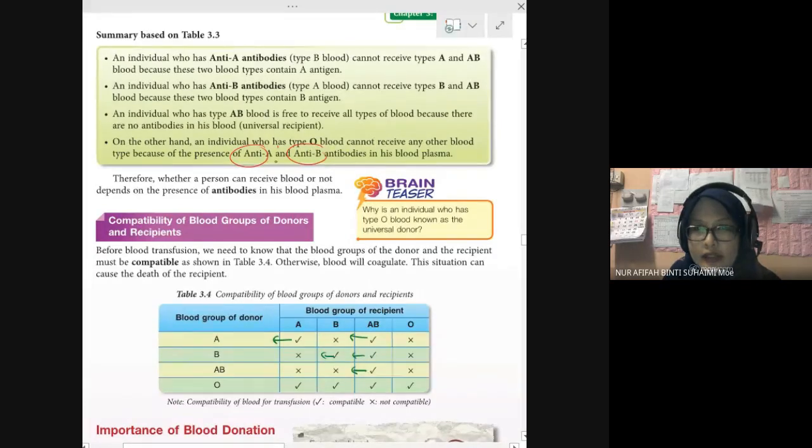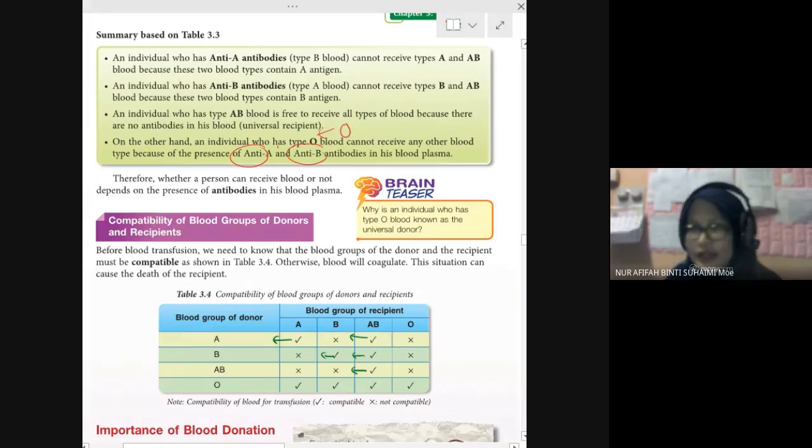It has anti-A and anti-B. So this type of blood group O cannot receive from any other blood, other than itself, other than O blood also. Must receive from O. Same blood group.